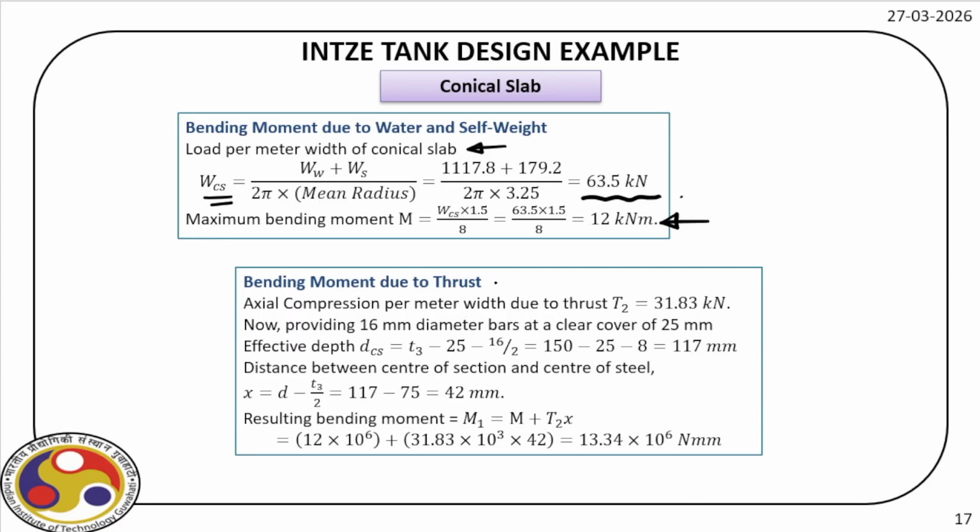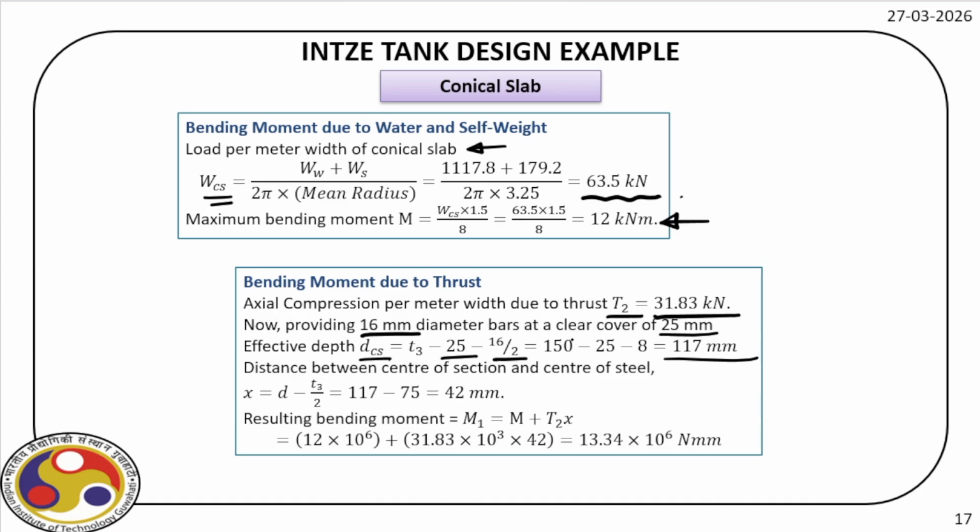So bending moment due to thrust, the axial component per meter due to thrust T2, we have already evaluated. So it is 31.83 kilonewton. Now provide 16 diameter bars with a clear cover of 25 millimeter. So effective depth we have to calculate: total thickness minus the clear cover minus half of the diameter of the steel.